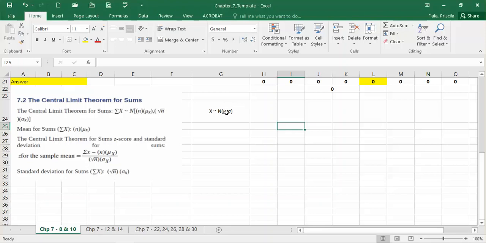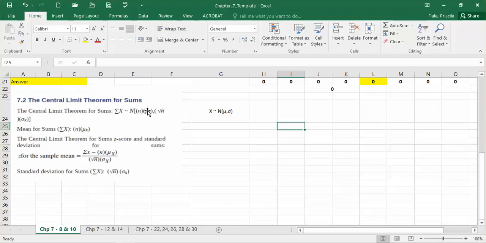For your mean, you're going to have to multiply the sample size n by the mean of the population. And when I say population, I'm not referring to the population of the world. I'm talking about if you're in the classroom and there are 50 students, that's your population.